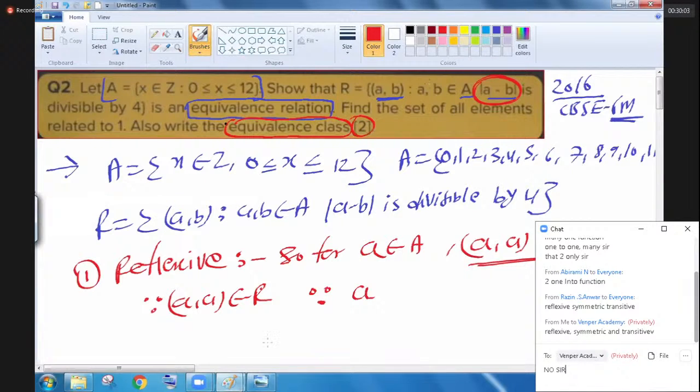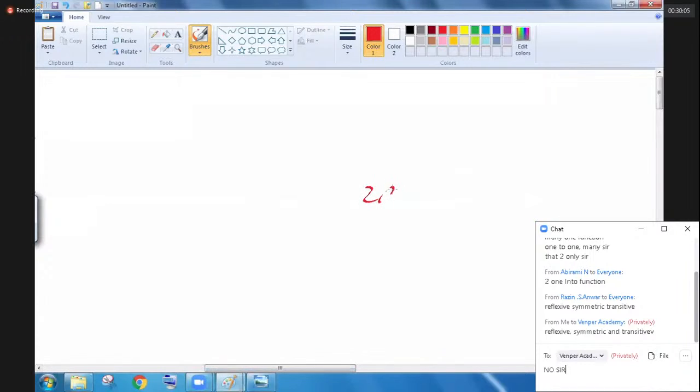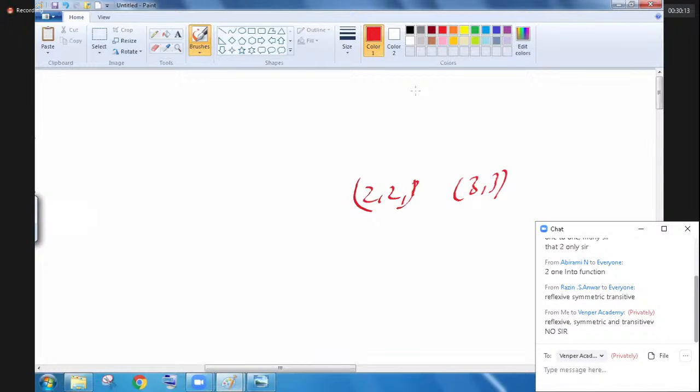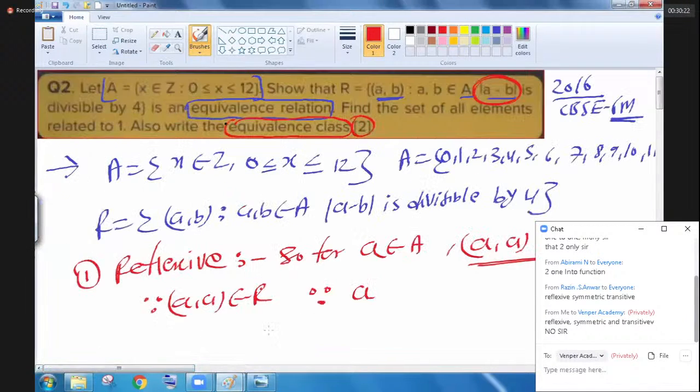For all of those pairs, for example (2, 2), (3, 3), (4, 4), will they be divisible by 4? Okay, let me check it out. Yeah, just do it.